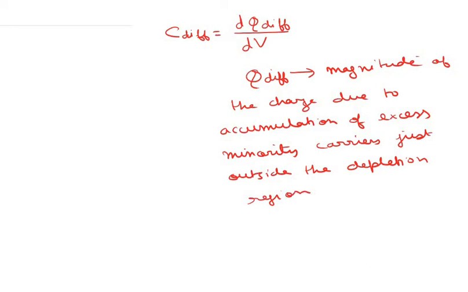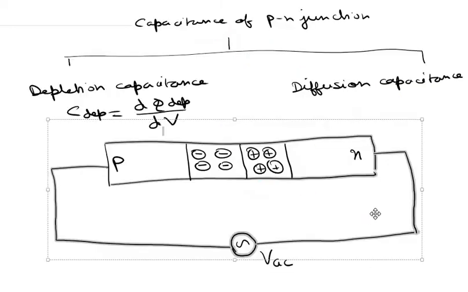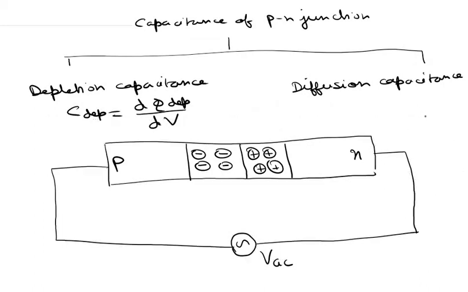So this diffusion capacitance is basically given by this formula: C diff equals dq diff by dv.